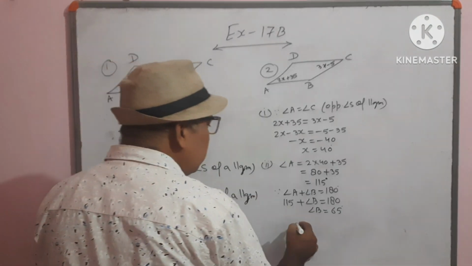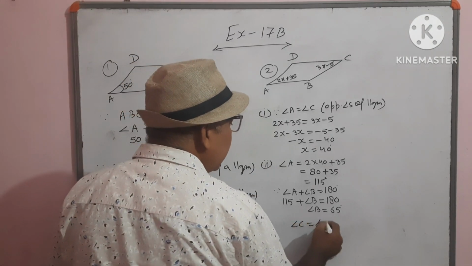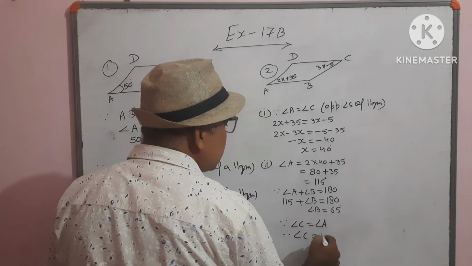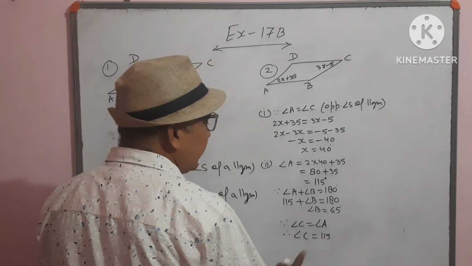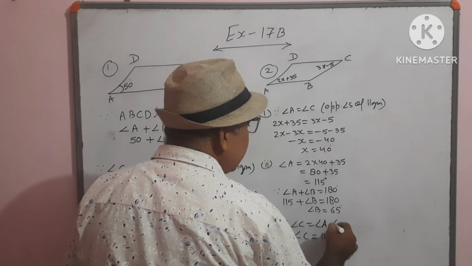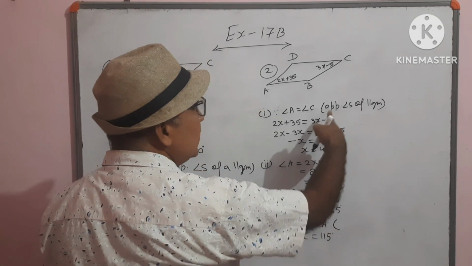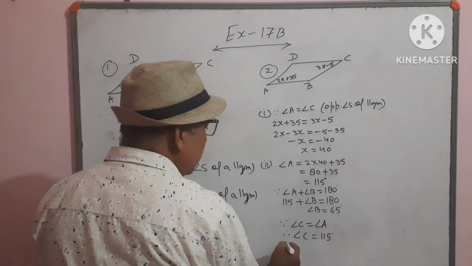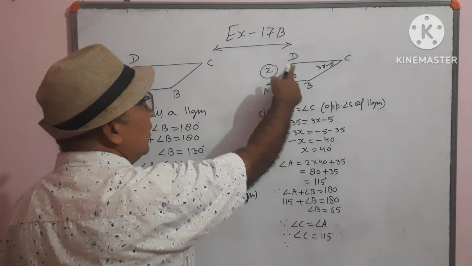Angle C we can find directly. Angle C and angle A are equal. Therefore angle C is equal to 115 degrees. And the reason, C and A are opposite angles of a parallelogram, we have already written above. Now angle D and B are also equal.